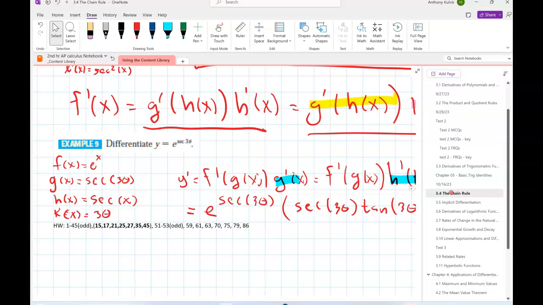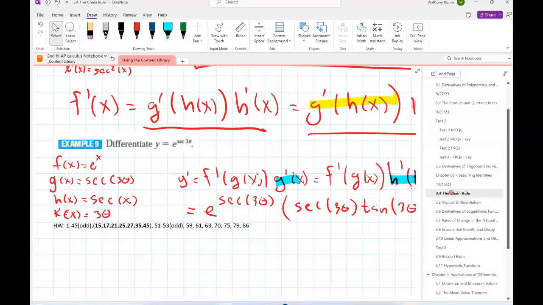Lovely rule. I still have some more stuff to talk about that isn't covered explicitly well in your textbook with regard to the chain rule. We'll do that at the start next time, and then we'll continue on into implicit differentiation. If we need to spend 2 days there because of that, it's fine. We'll figure it out.